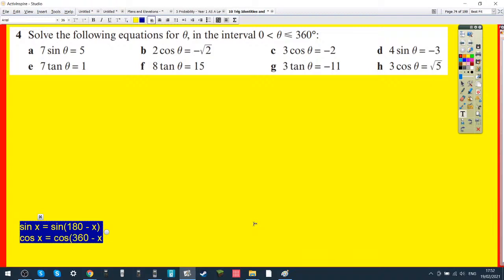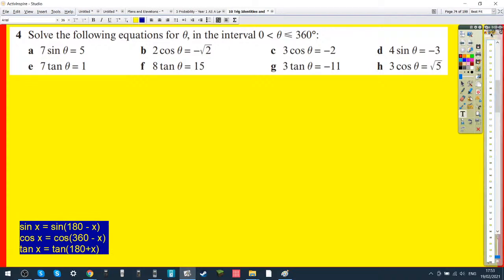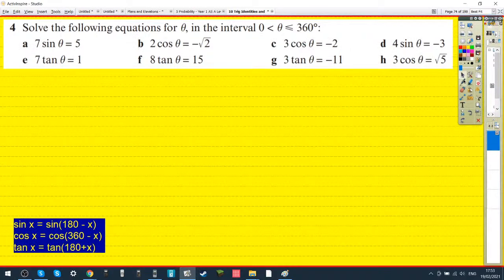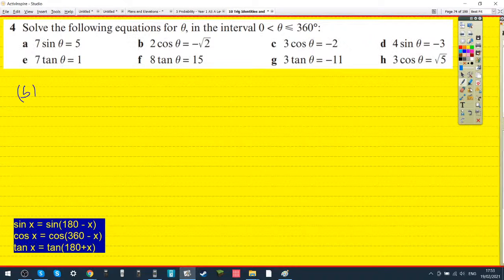And then 360 minus 135 is 225. And so your two answers? 135 and 225.